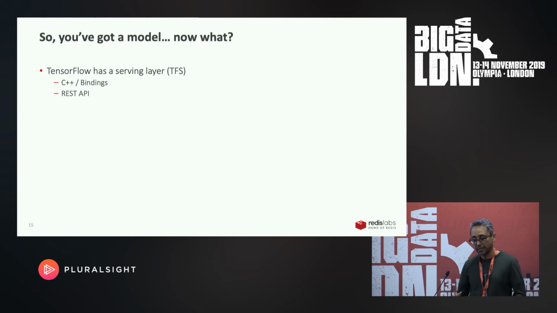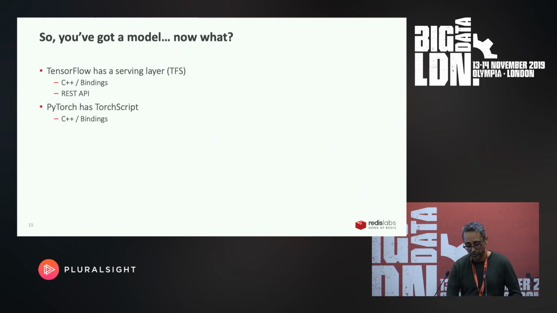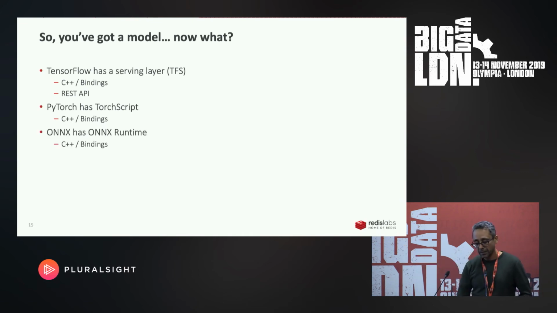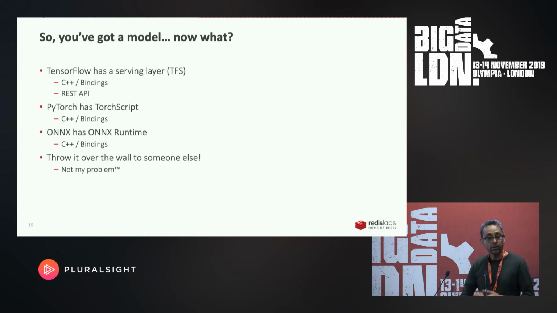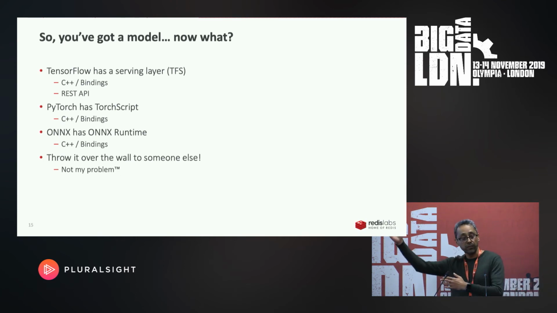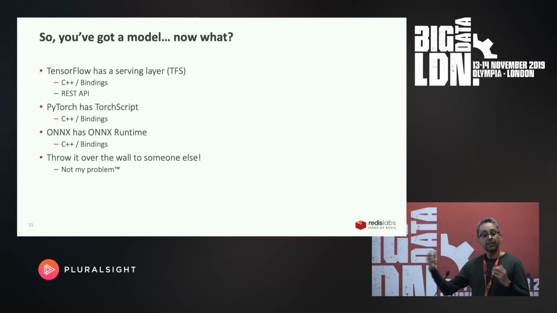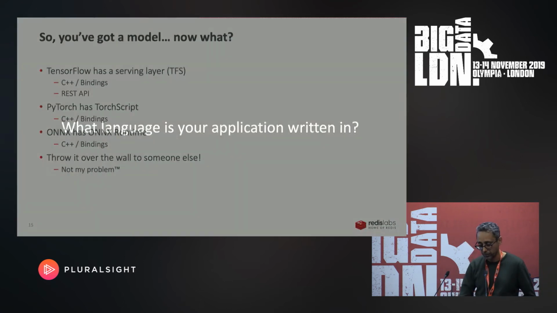TensorFlow provides a TensorFlow server, which has C++ bindings, or a REST API. PyTorch has TorchScript, again C++ bindings. ONNX has its own runtime, again in C++. Or as a data scientist, you say, I've trained the model, I'm just going to flog it off to the ops team. They decide how to run and execute your model.